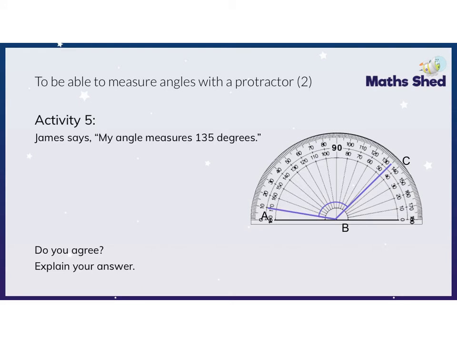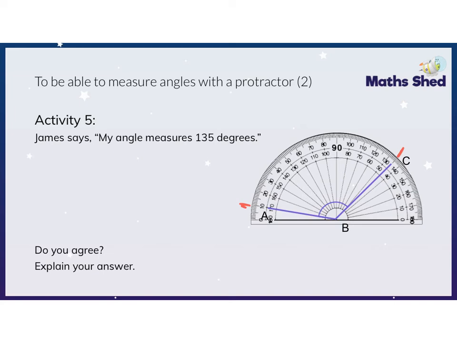Okay, so we have another James question now. My angle measures 135 degrees. Do you agree? Explain your answer. So again, the line is actually starting here and ending here. So the first thing James hasn't done is he hasn't lined it up properly.